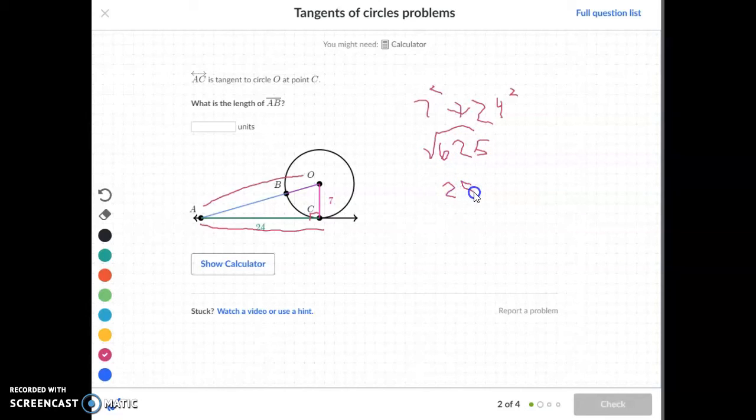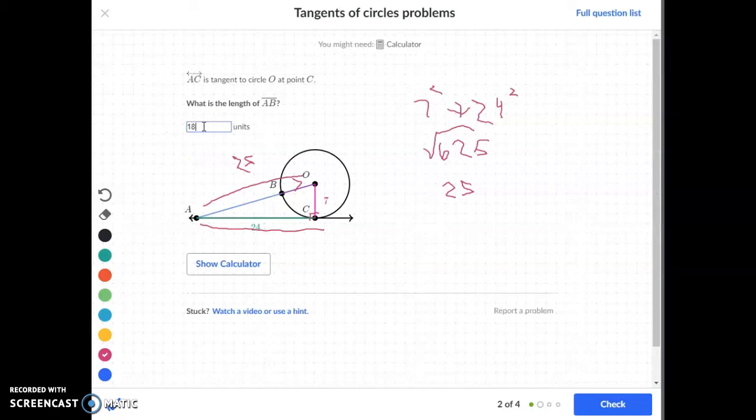So we know that this whole hypotenuse, this whole secant, is 25. And we know that the distance from O to B is 7 because that's the radius. So the distance from A to B would be 25 minus 7, which would give you 18.